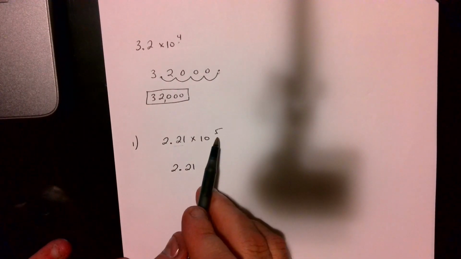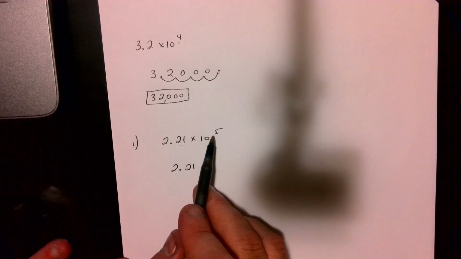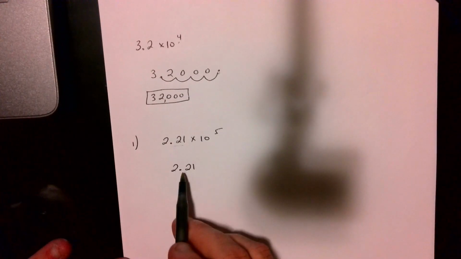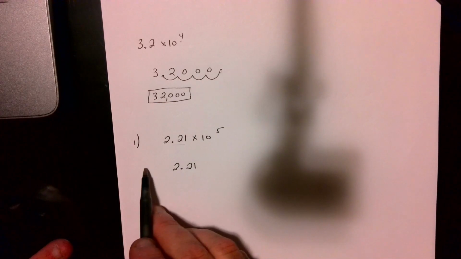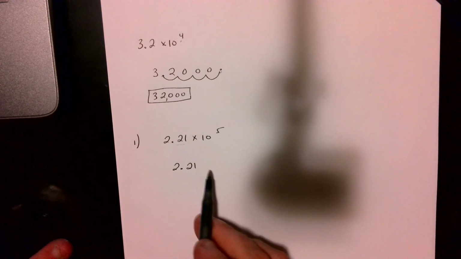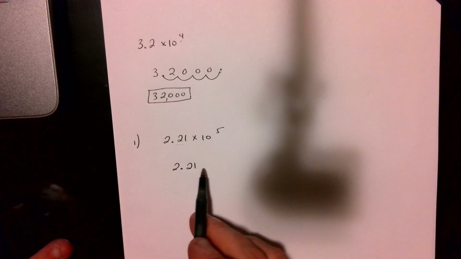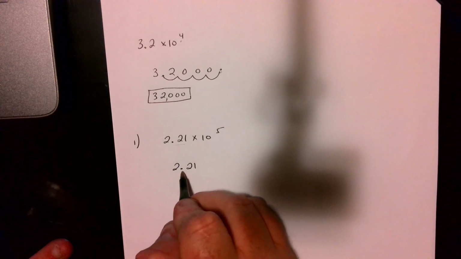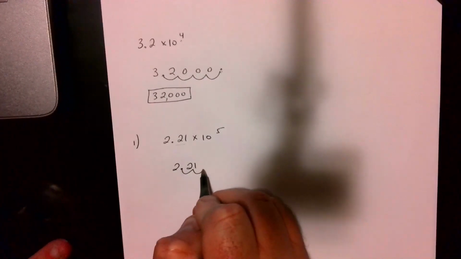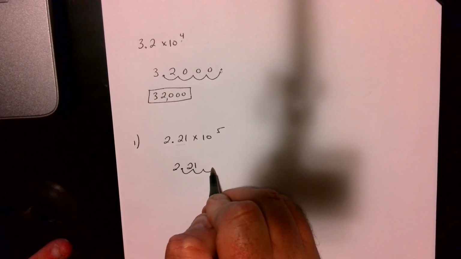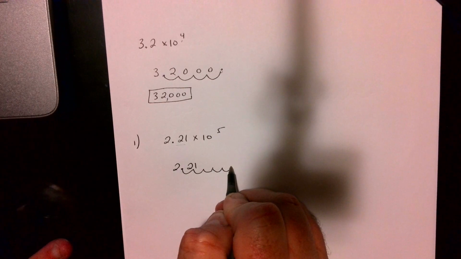And we got to make it big because it's positive, so we're going to move it 5 times. Which way is going to make it big again? Moving to the left or moving it to the right? Moving it to the right is going to make this bigger, right? So count over 5 times. Draw it. 1, 2, 3, 4, 5.